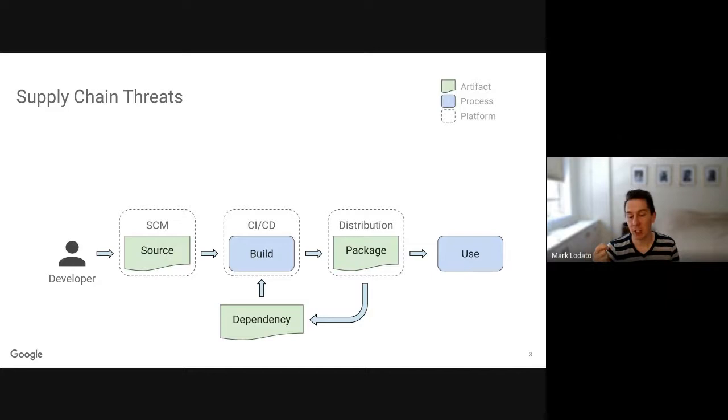And then that package is either used as another dependency of some other build or by some other consumer in some other way. And we also call out that the source, build, and packaging have a platform, which is whatever infrastructure is used to do that. So there's some sort of source control, some sort of build CI/CD, some sort of distribution like PyPI. Usually, it doesn't have to be, but often there is.